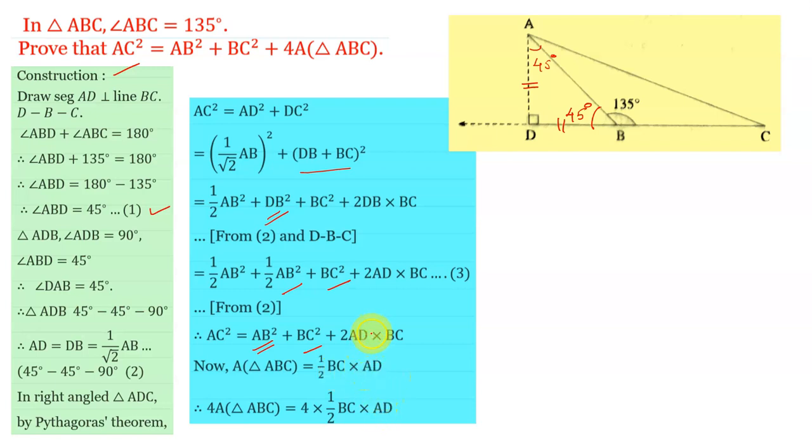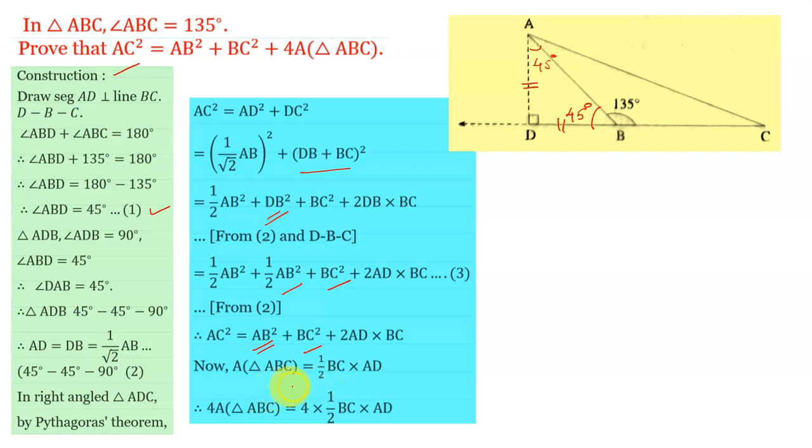Now, it can be written as 4 times area of triangle ABC is equal to 4 into 1 upon 2 BC into AD. That is, 2 times AD into BC is nothing but 4 times the area of the triangle ABC. We considered the area of the triangle ABC here.